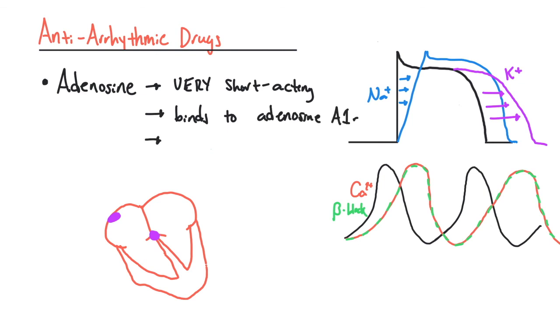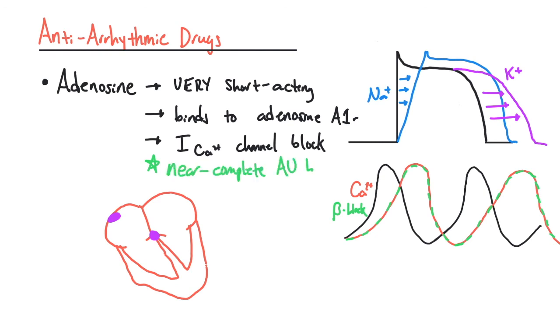This ends up blocking inward calcium channels, and therefore can lead to a near complete AV nodal block. This, of course, we can understand as calcium is necessary in the AV and SA nodes for the initial phase 0 depolarization of the cells. So something that's a very potent calcium blocker can actually nearly completely block the AV node.